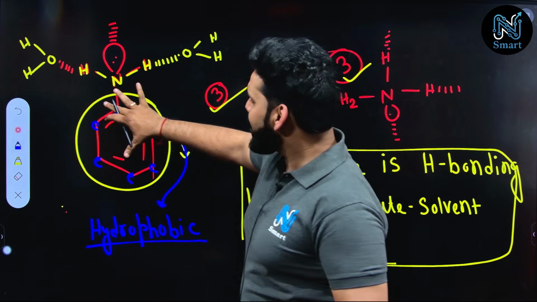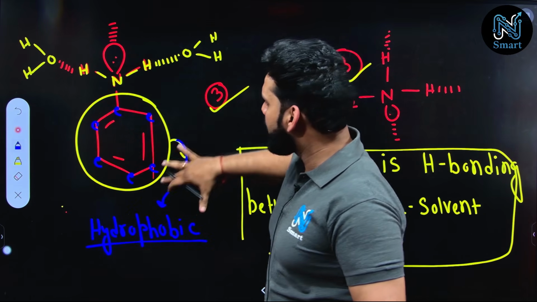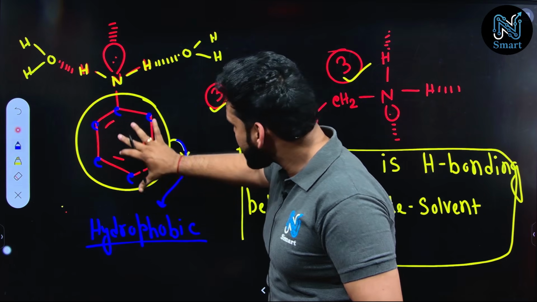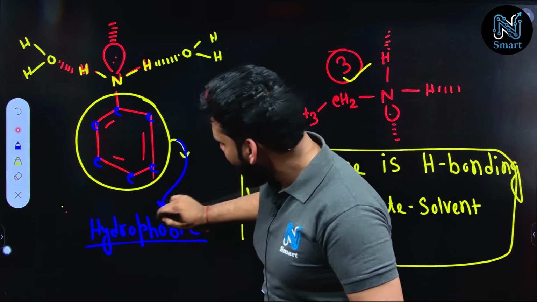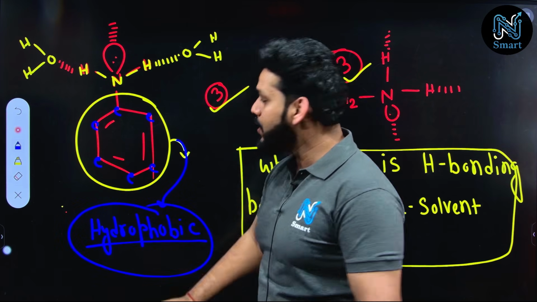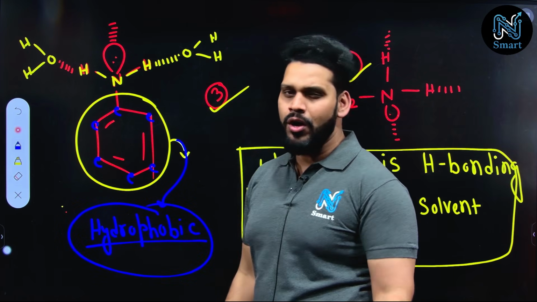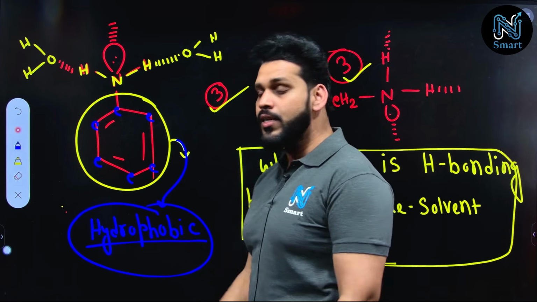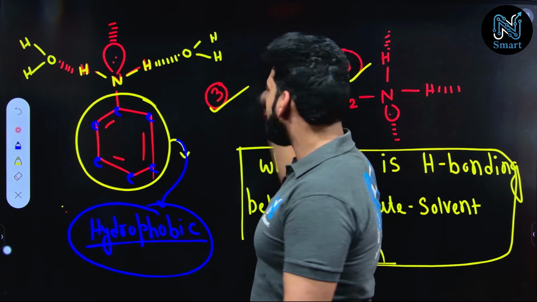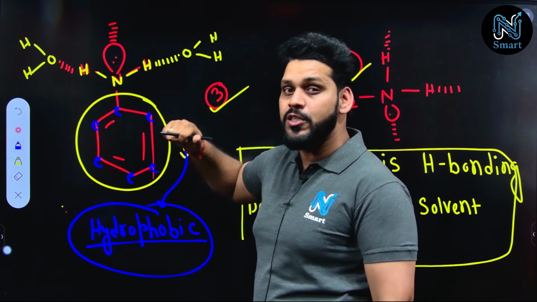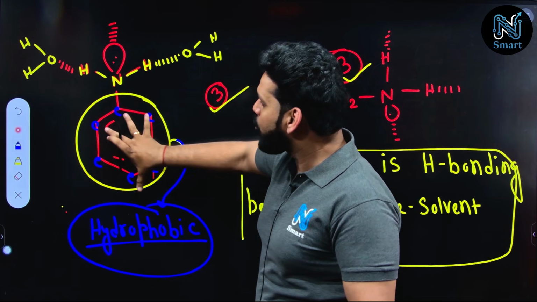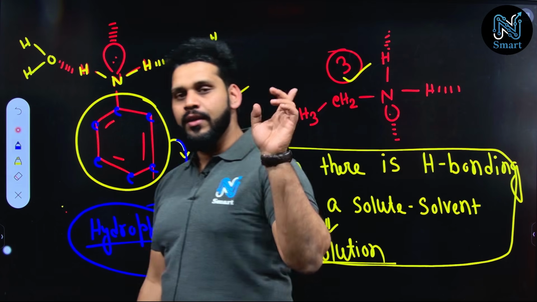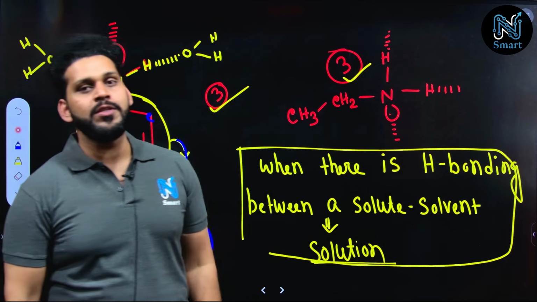So as this benzene ring is a carbon chain, wherever we see carbon chains, they are hydrophobic in nature, and because of this hydrophobic part, we see aniline is not soluble, or sparingly soluble, in water. So it is not because of hydrogen bonding, guys. If it was hydrogen bonding, then both of them should have been soluble. That's why this question is special. Here, because of this hydrophobic part, this molecule is less soluble in water than ethylamine. The rest of the questions we will be solving in the next part.